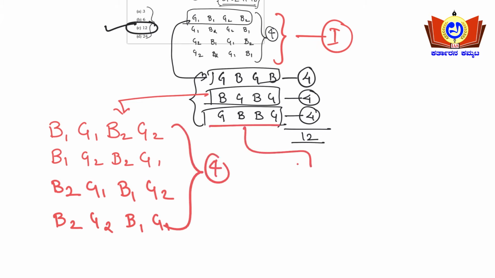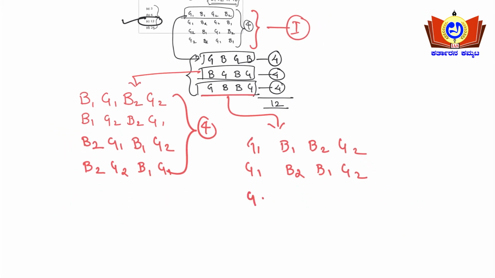See, 4 different possibilities I got here. And from this pattern here, okay, girl 1, boy 1, boy 2, girl 2. Yes or no? Girl 1, boy 2, boy 1 and girl 2. So girl 2, boy 1, boy 2 and girl 1.